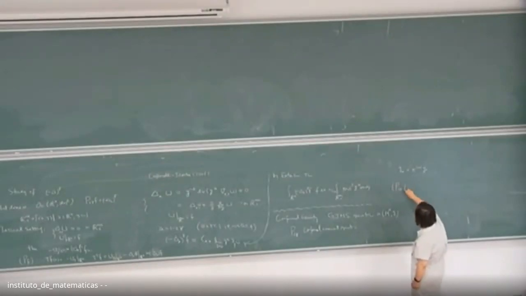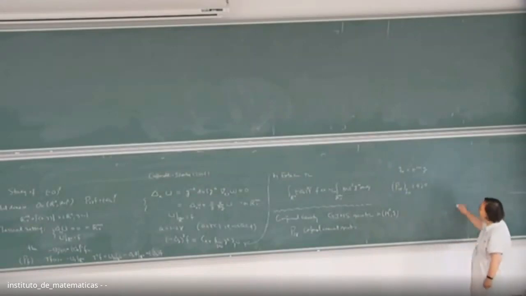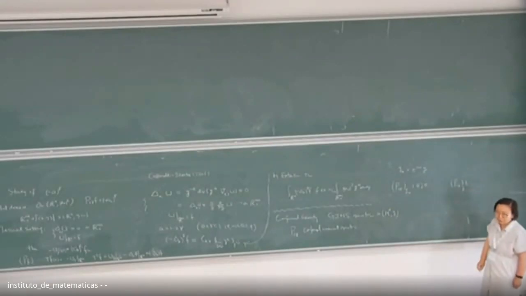P2 gamma of g_w operating on any function phi is the weight of P2 gamma of g operating on a weighted version of this function.